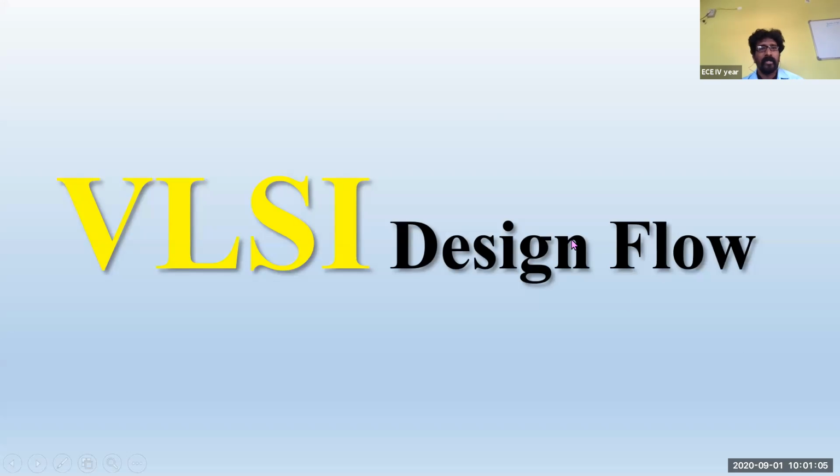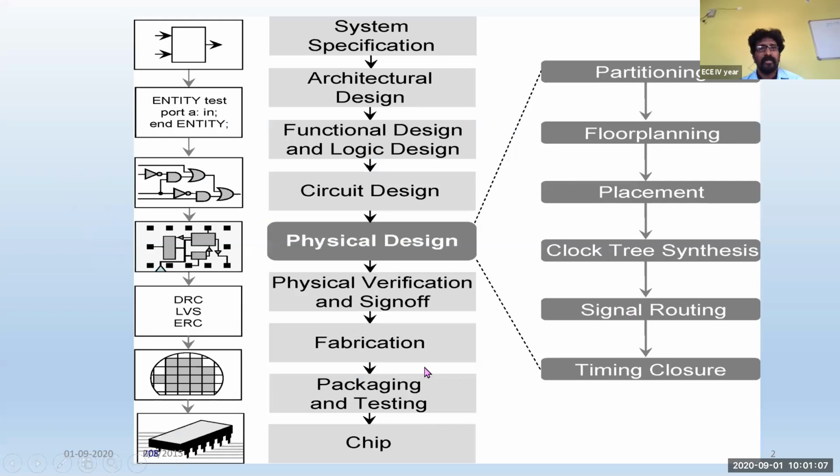VLSI design flow. This is the VLSI design flow, where you can see that firstly the VLSI design flow starts with a system specification. In the system specification you'll be getting the specification of the design, how the design has to be conducted and how it has to proceed through all the next steps in the hierarchy.